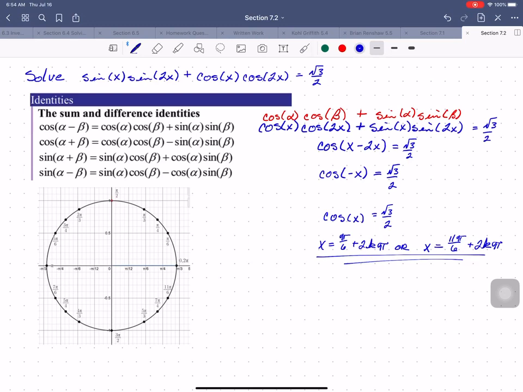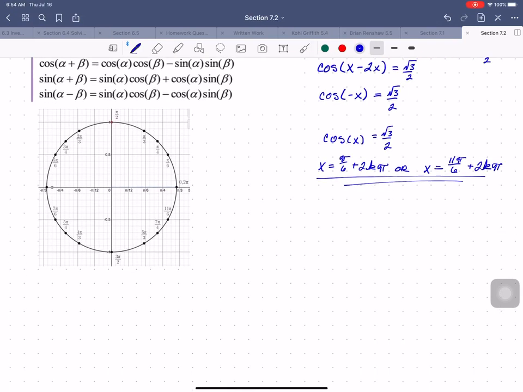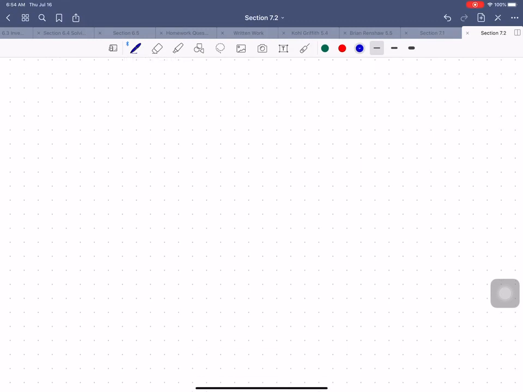Sometimes we also need to split apart a function. So let's take this function, this f of x equals 4 times the sine of 3x plus pi over 3.